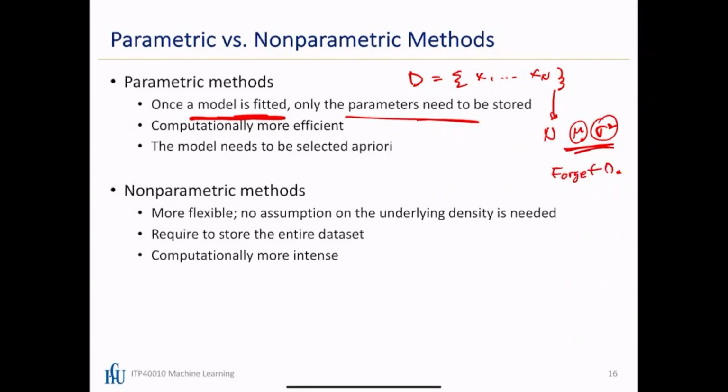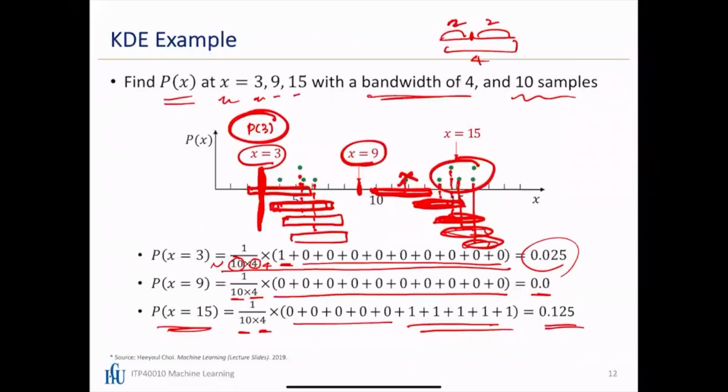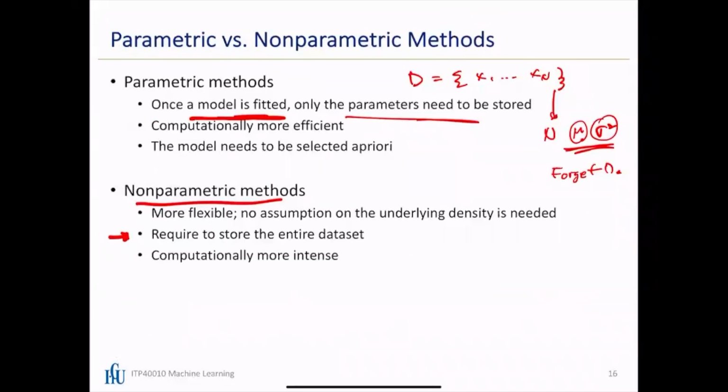Now let's think about the same aspect for a non-parametric method. In the previous case, in order to calculate P3, you actually need to go back to every single data point and check whether the kernel is ranging over and overlapping with my estimating point. So in order to estimate any probability quantity, you need to keep all the data points. That is described over here.